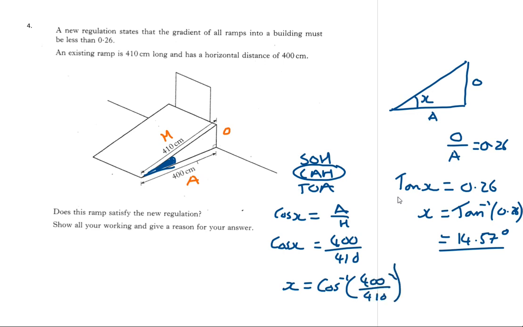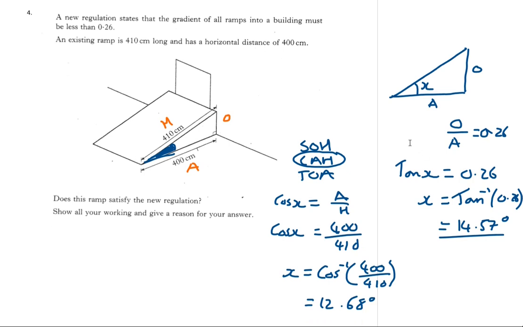Like I said before, that's the inverse. Cos to the -1 means the inverse. On your calculator, that simply means cos to the -1. So shift cos, and it's 400 divided by 410. So that's going to give me 12.68 degrees.